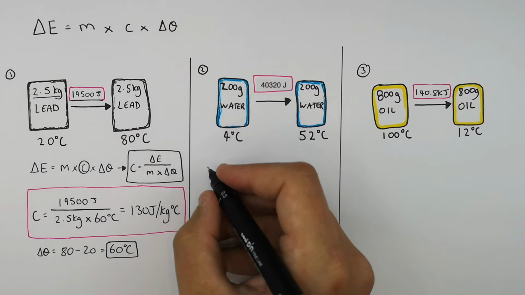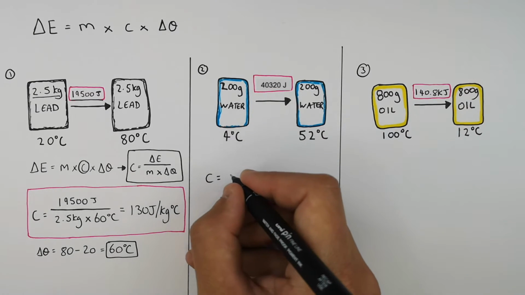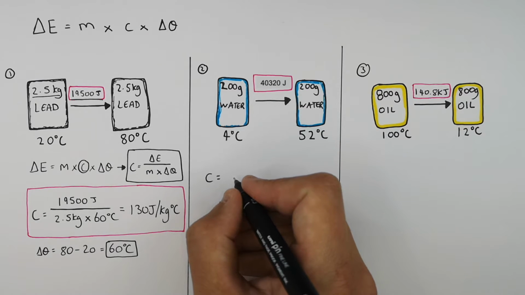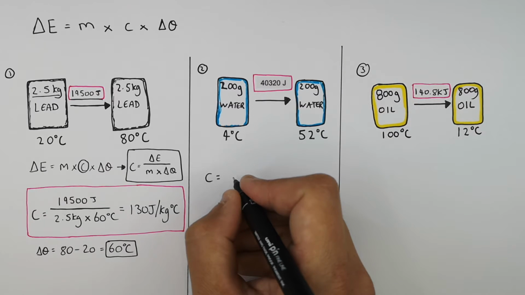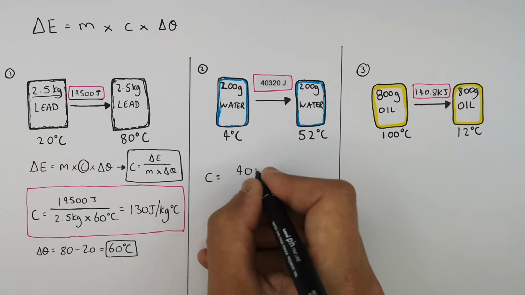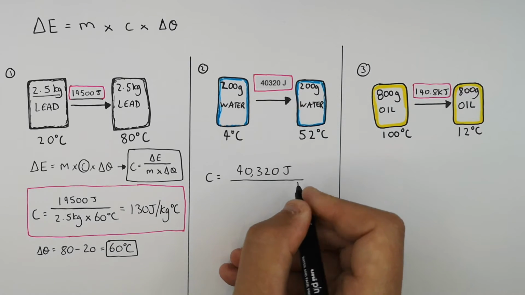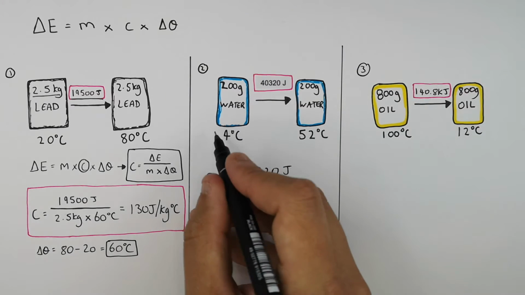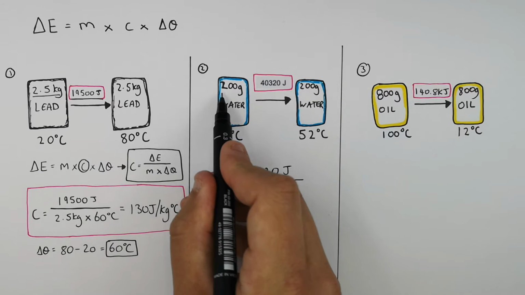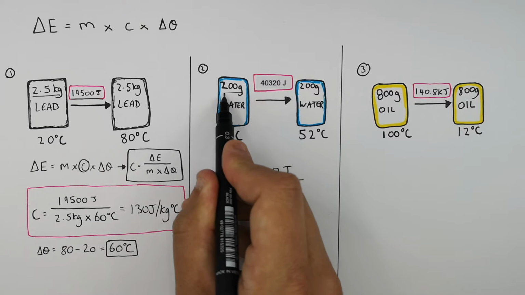We've already rearranged the equation, so C equals the energy transferred into the thermal energy store of the water, which is 40,320 joules of energy, divided by the mass of the water. And the mass of the water in this example is in grams, so you must convert the grams into kilograms.